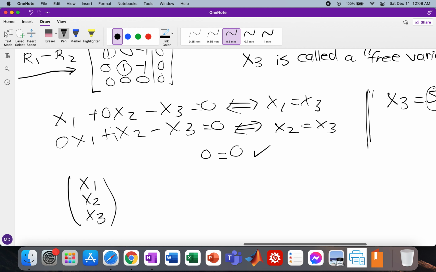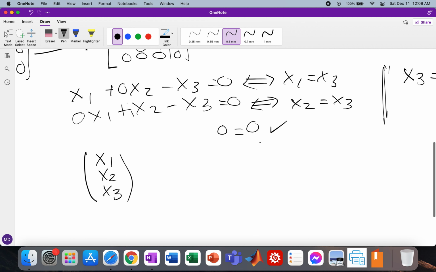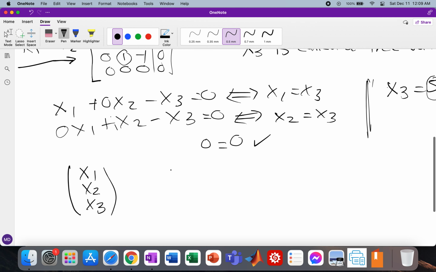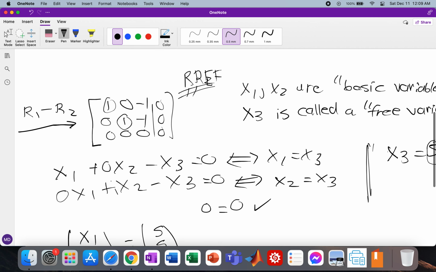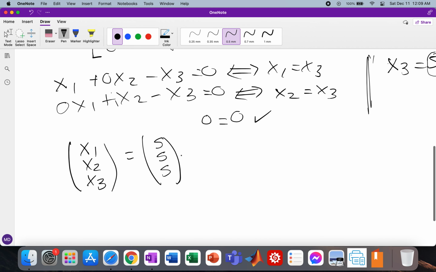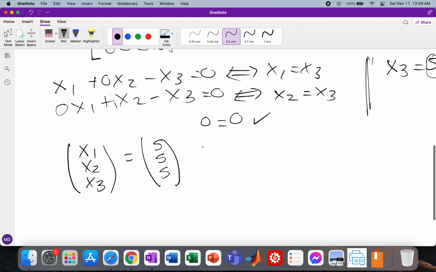Now we can express x1, x2 in terms of s because we know x1, x2 in terms of x3. So x1 is equal to x3, so that means x1 equals s, x2 is equal to x3, which means x2 equals s, and x3 is equal to s by definition. Now I chose an easy case, so as not to mess up the algebra here, but the concept's always the same.